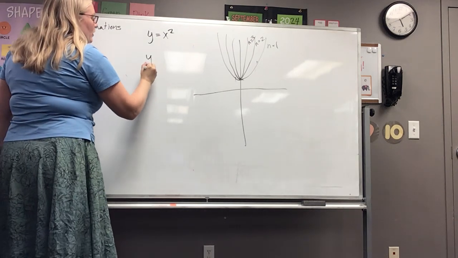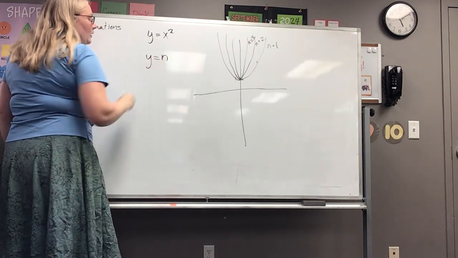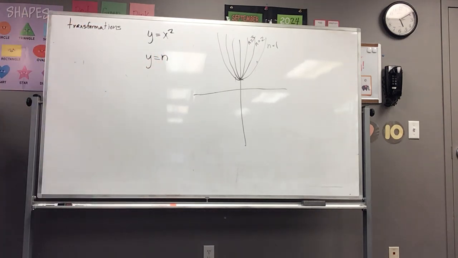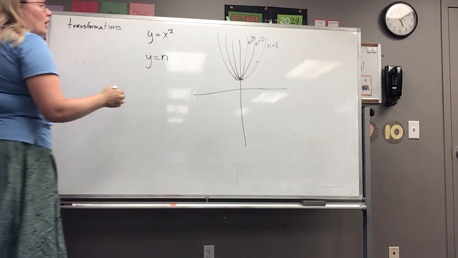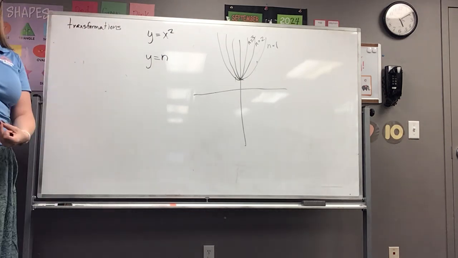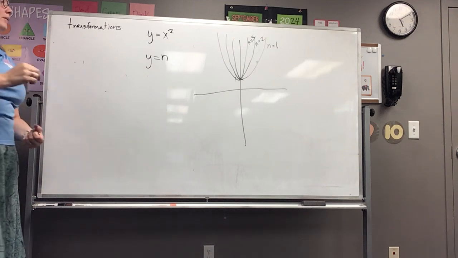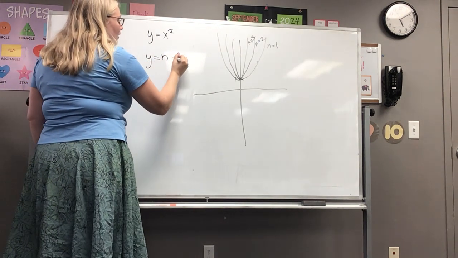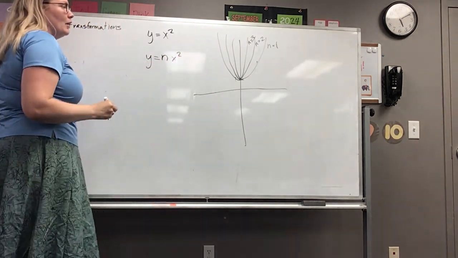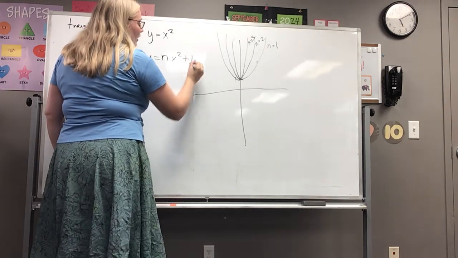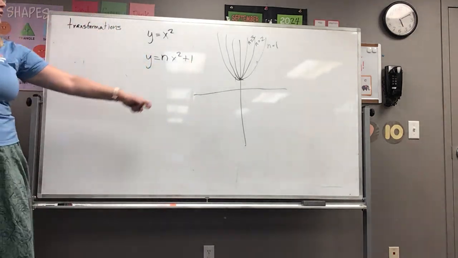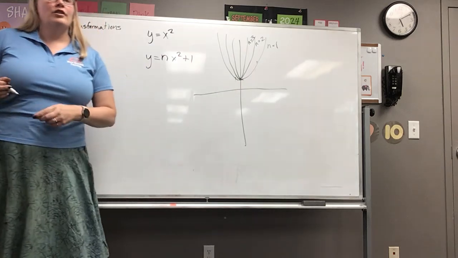And so the n is multiplying everything and causing a vertical stretch by having it out front. And so the n would be in front of x squared, and then we would also have plus 1 in this case because everything is shifted up 1.